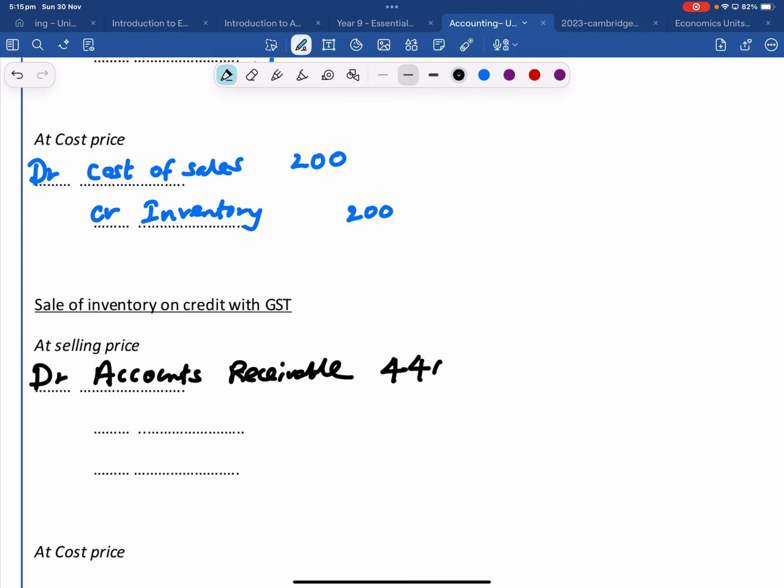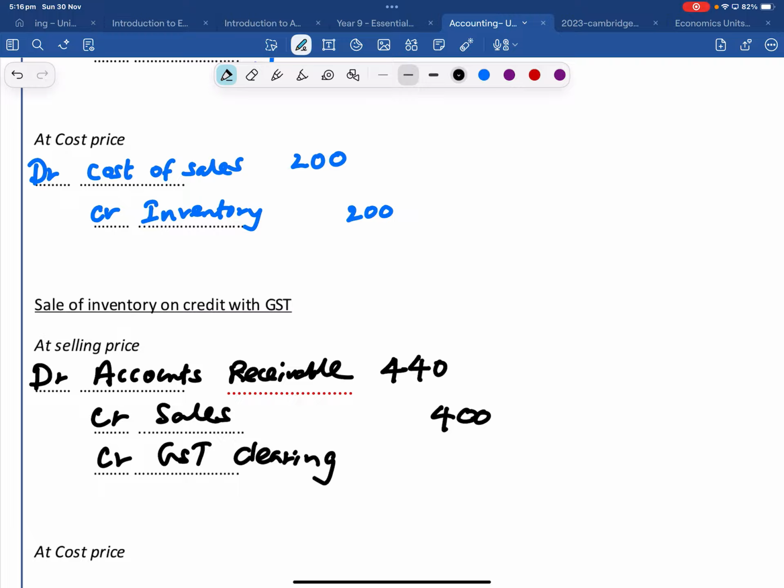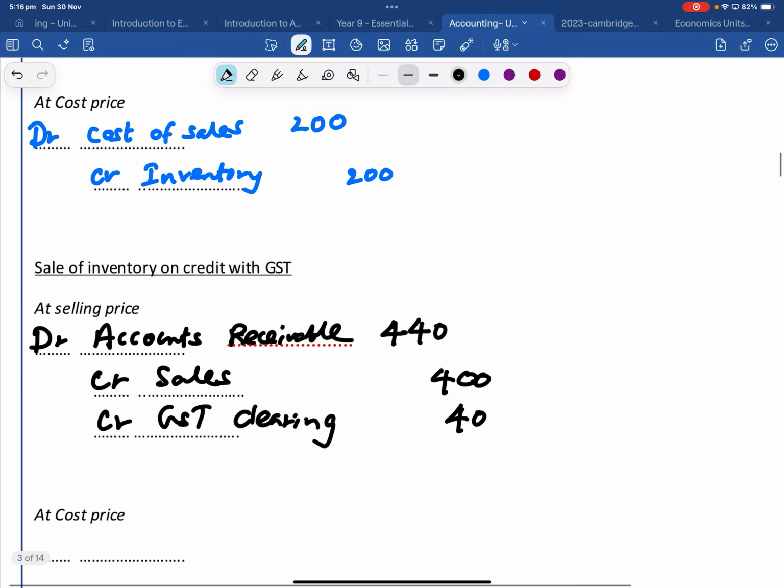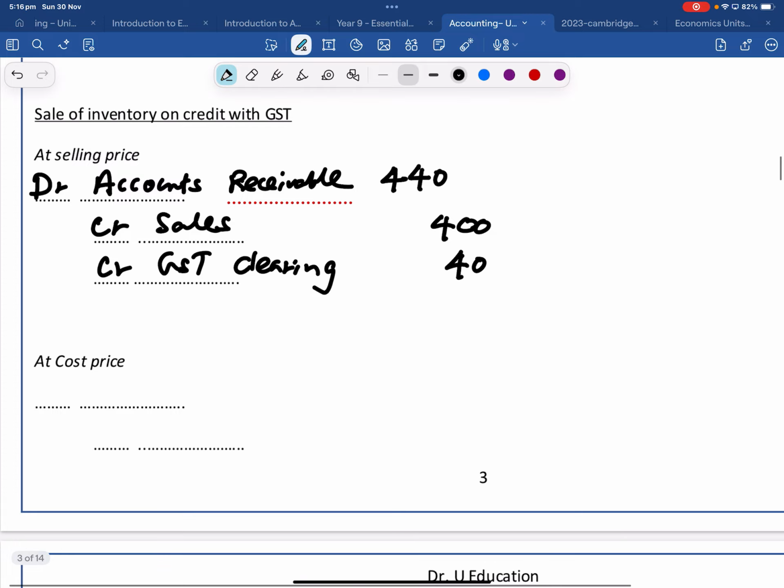Debit, and then credit sales and credit again GST clearing. So this inventory, yes, inventory is in, again at the cost price.